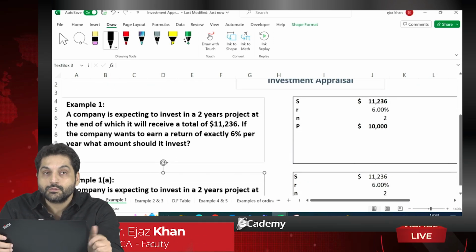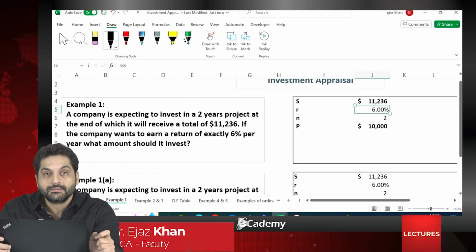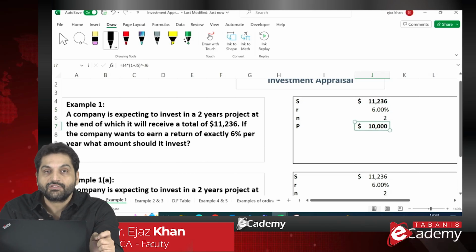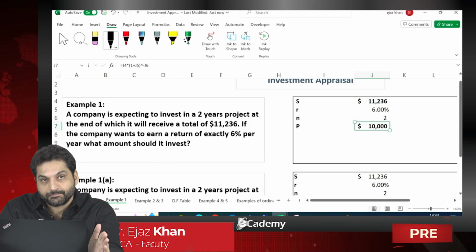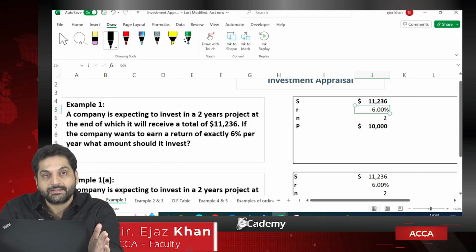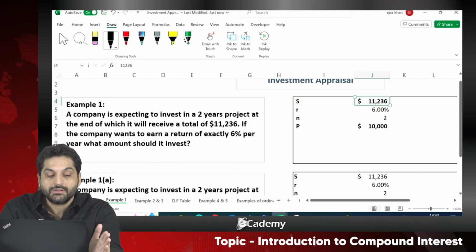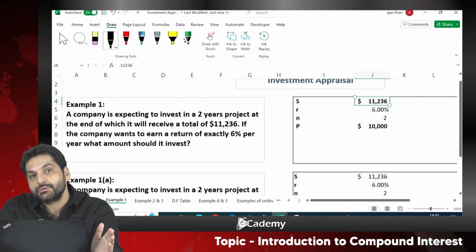If the company wants to earn a 6% return, it should invest 10,000, right? That's what we have calculated. So by investing 10,000, it will exactly earn a return of 6% if it receives 11,236 in 2 years' time.